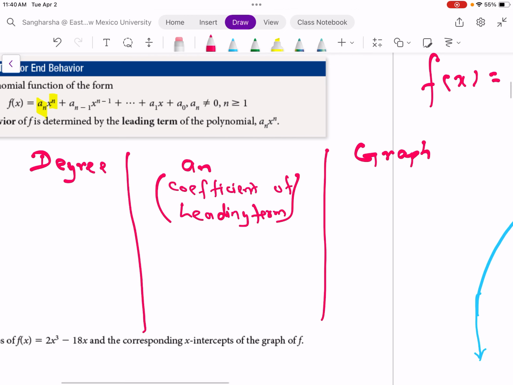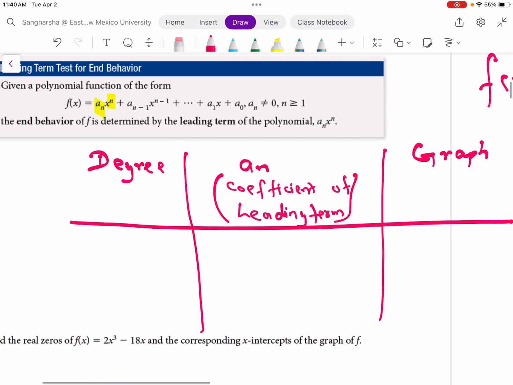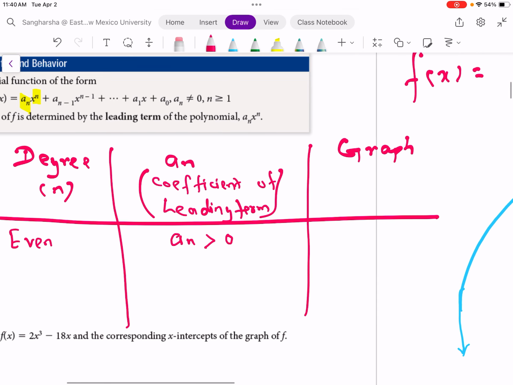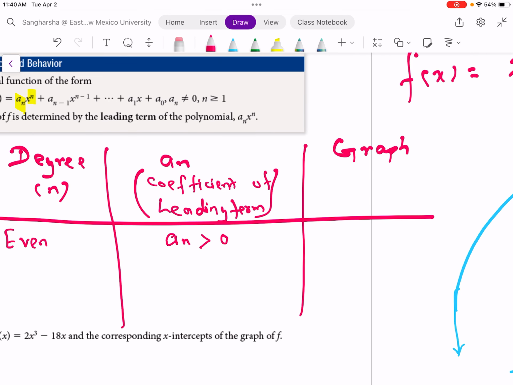Now if our degree is even, meaning 2, 4, 6, 8, let's consider a function with an even degree and the coefficient of the leading term a_n greater than 0.